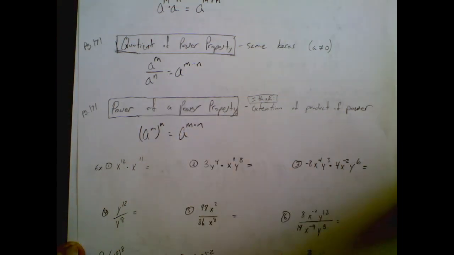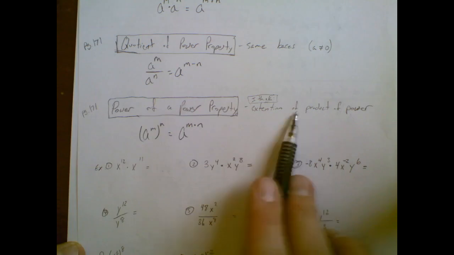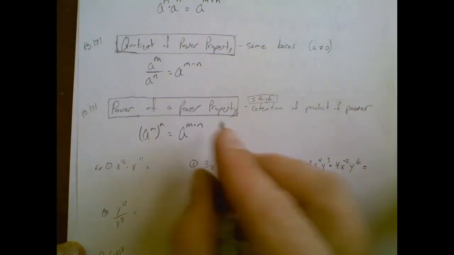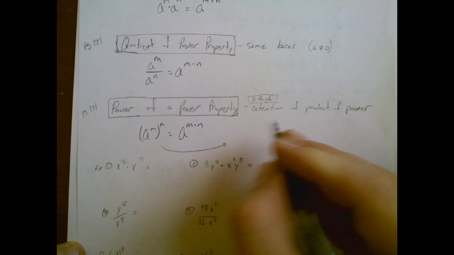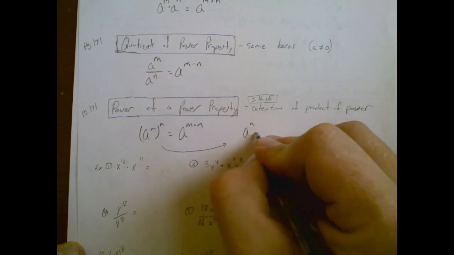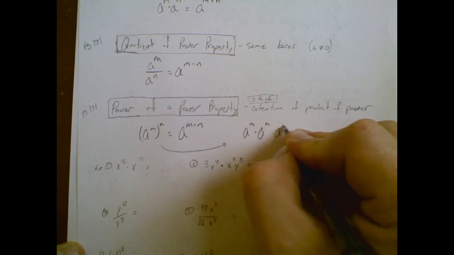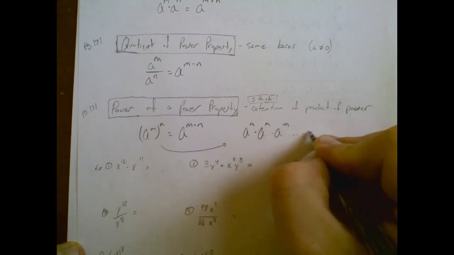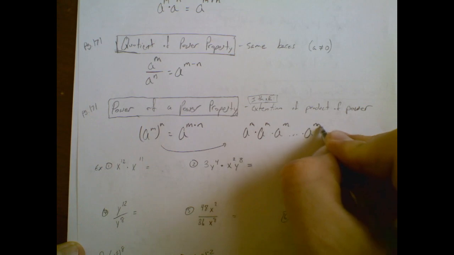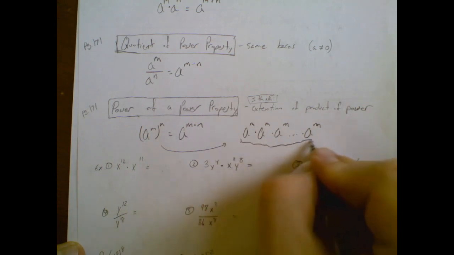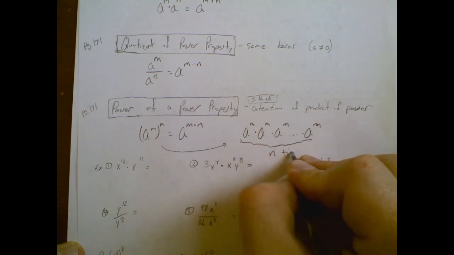Okay, and the reason I think of it as an extension of the product is because if I'm looking at this, I can say a to the m times a to the m times a to the m times a to the m. I can rewrite that n times.